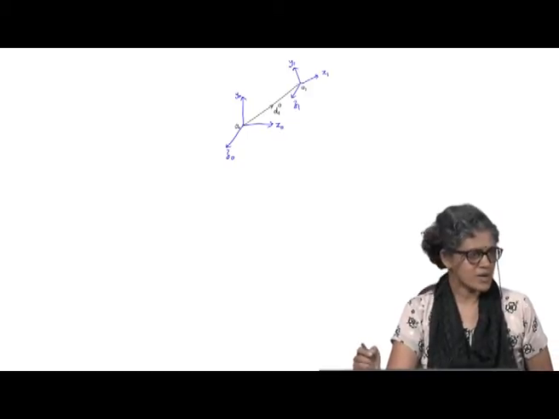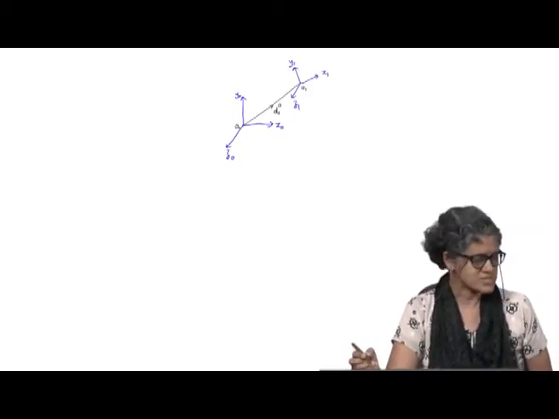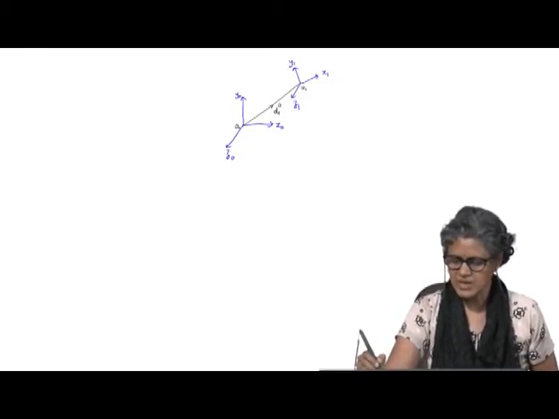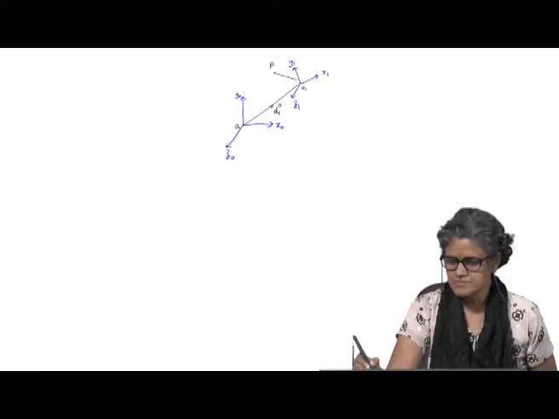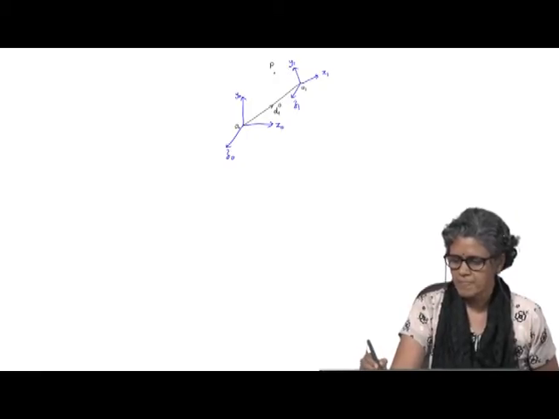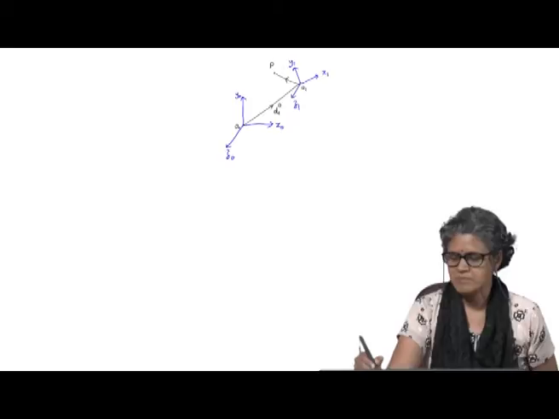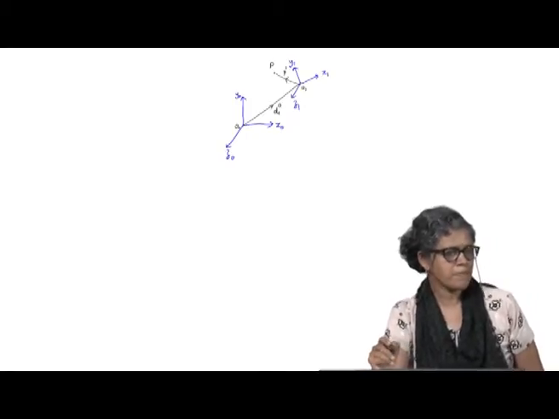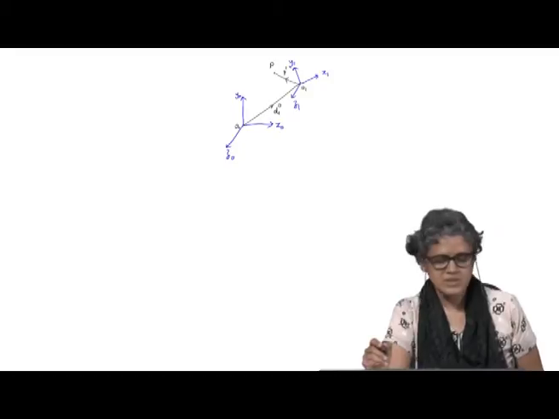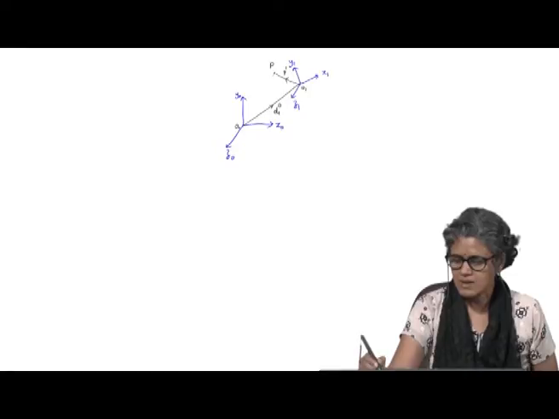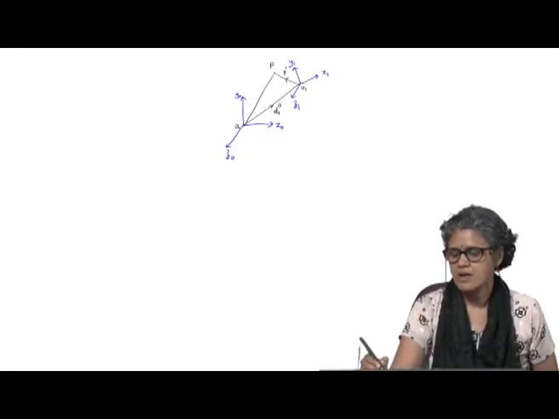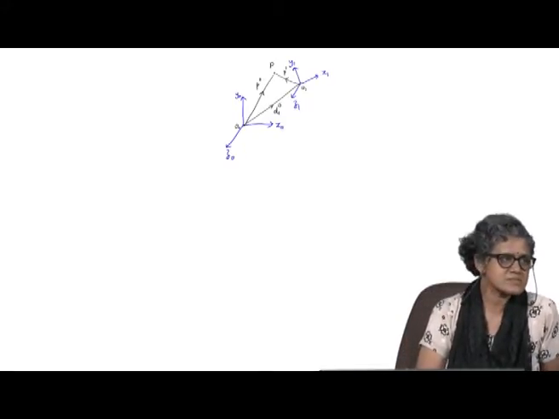the origin O1 in the reference frame 0, and then let us say we again have a point P which has a certain description described by this vector P1 and by a vector P0 in this.